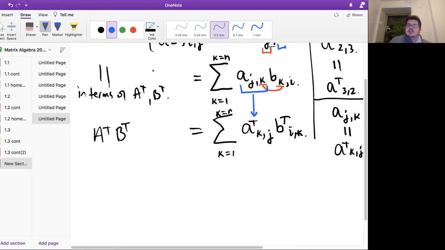I'm trying to relate something in terms of the transpose. So let's just see what happens if I look at these as transpose elements, not as A and B elements. Do you see that switch over to the transpose?